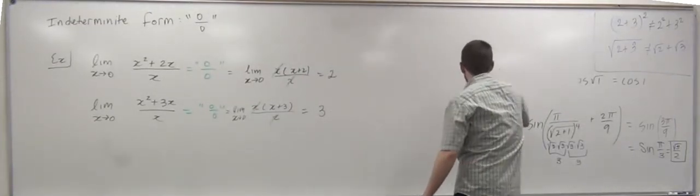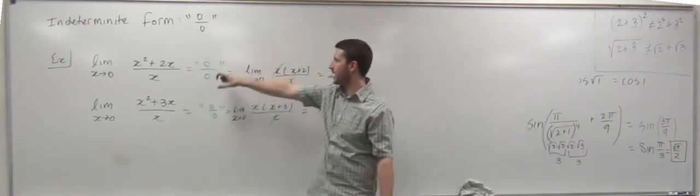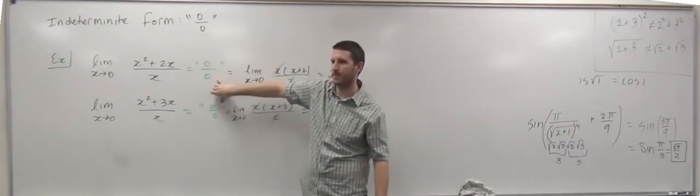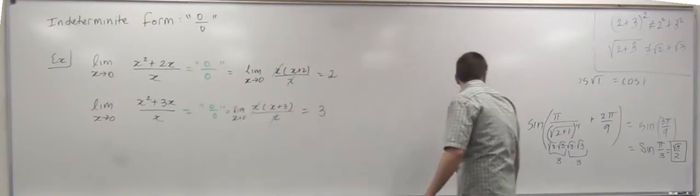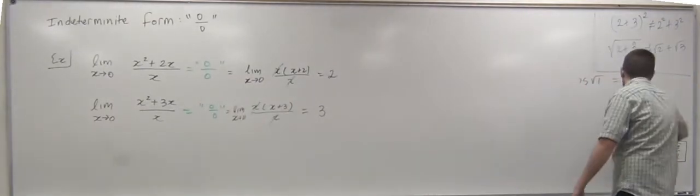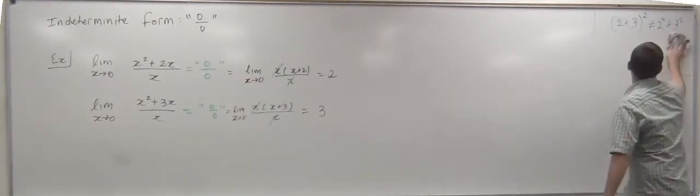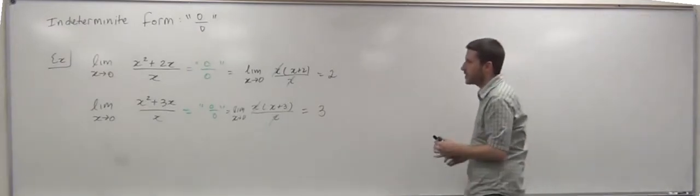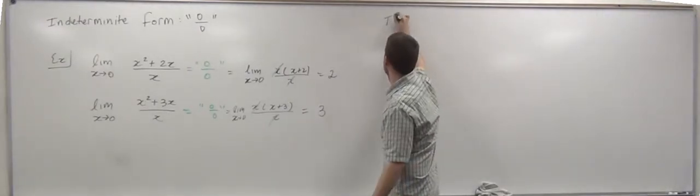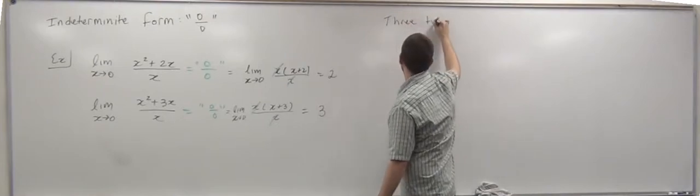But there's 3 things you can do if you try to plug in and you get this indeterminate form. The 3 techniques for dealing with 0 over 0. At least for now.